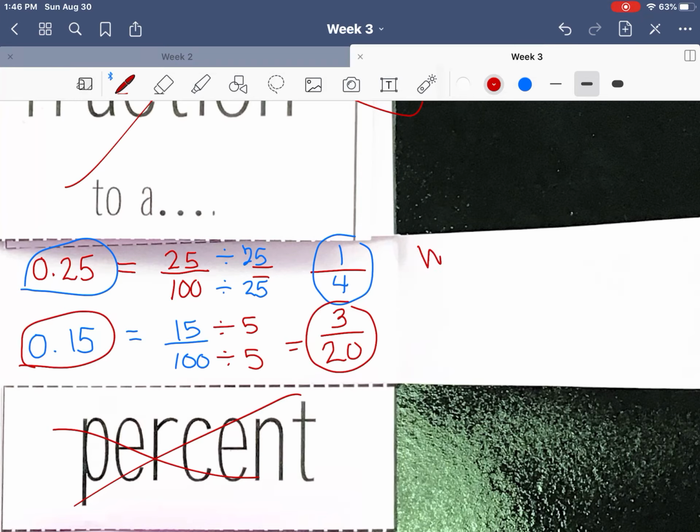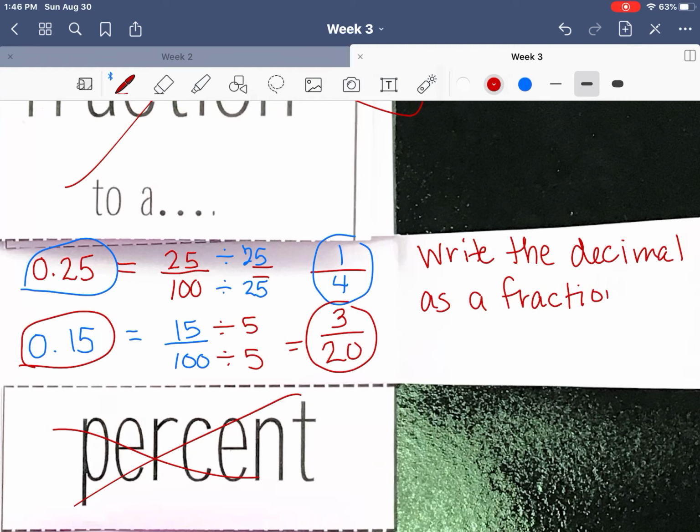You write the decimal as a fraction with a denominator, and this depends on what your decimal is, a denominator of 10, if it's something in the tenths place, or 100, or 1,000, and so on.